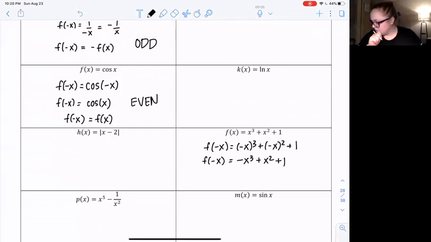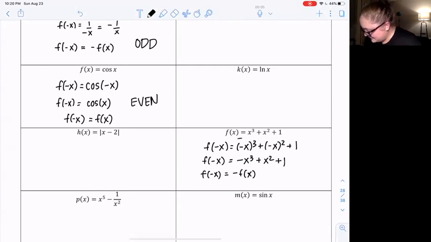Well, that's not the same as the original. So let's see if it was multiplied by a negative. Multiplied by a negative, that would be negative x cubed minus x squared minus 1.